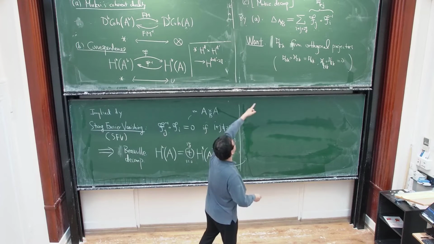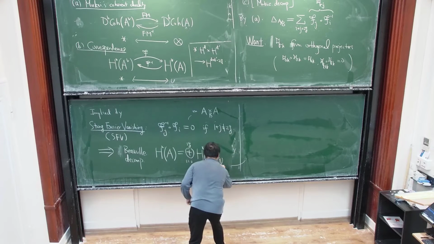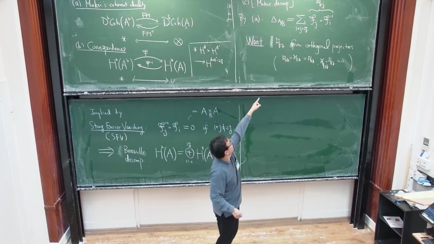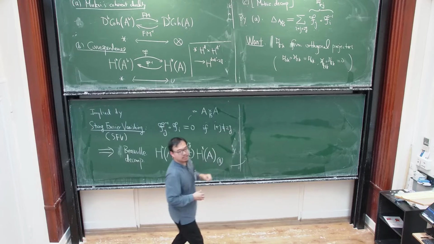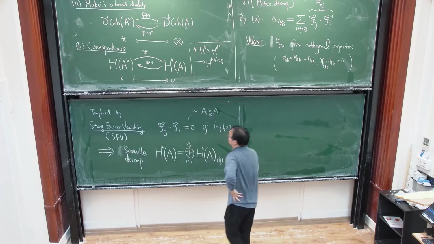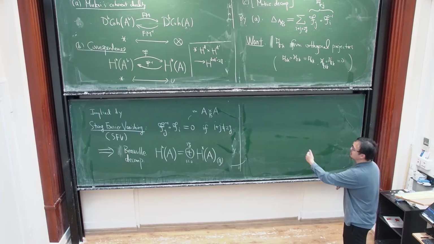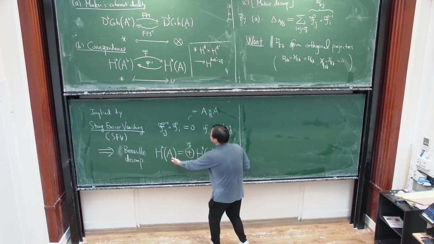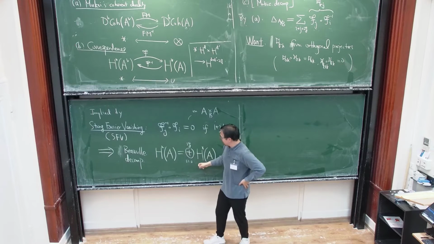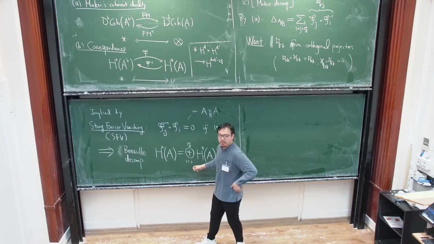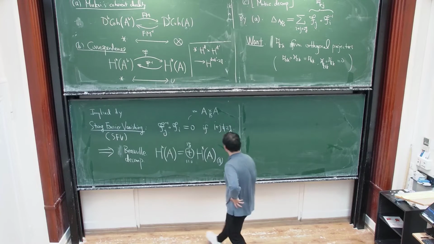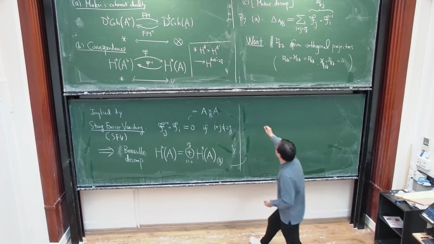To make the notation consistent with this, I should write j. The j-th part is contributed by Fj, F 2g minus j inverse. So this is how you get a decomposition. And in the abelian scheme case, this is actually a splitting of the perverse, or more precisely, Leray filtration of the morphism from A to B. So, consequences.